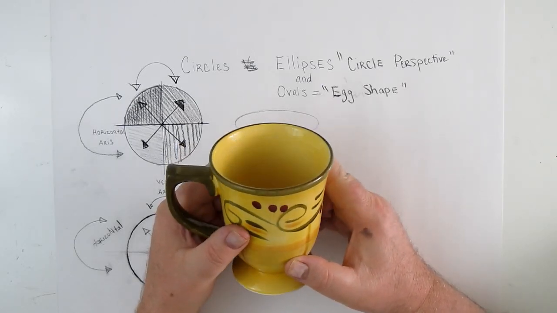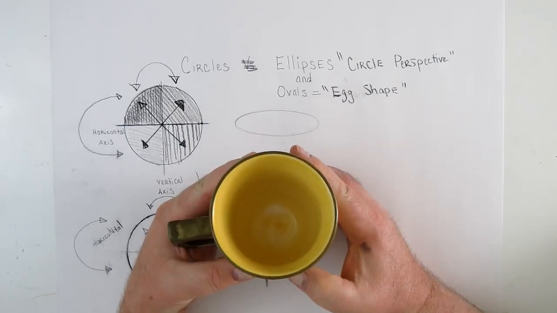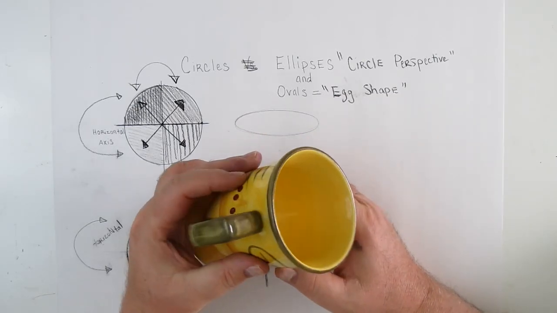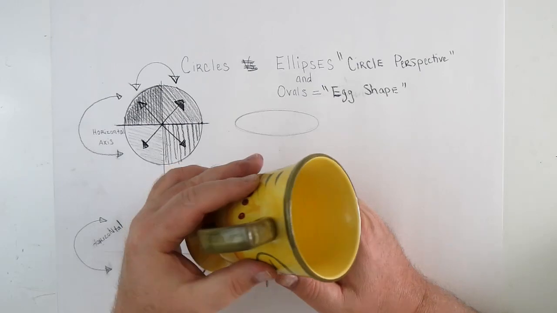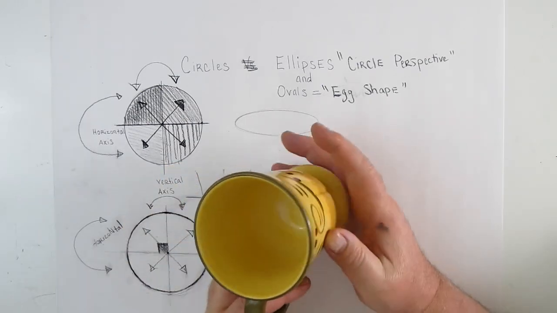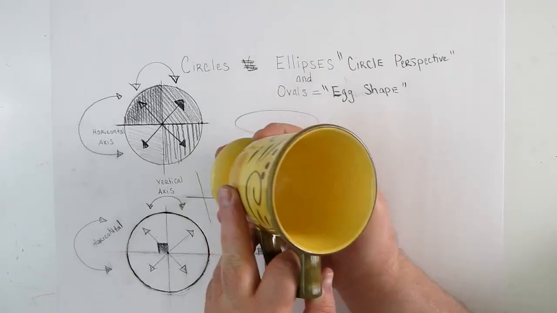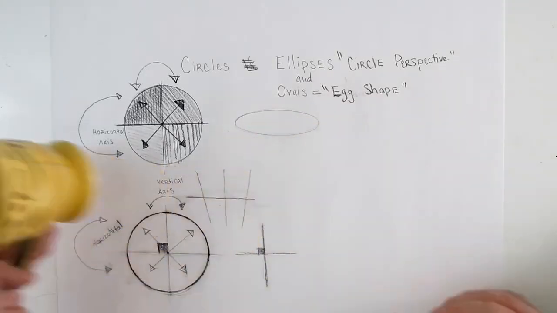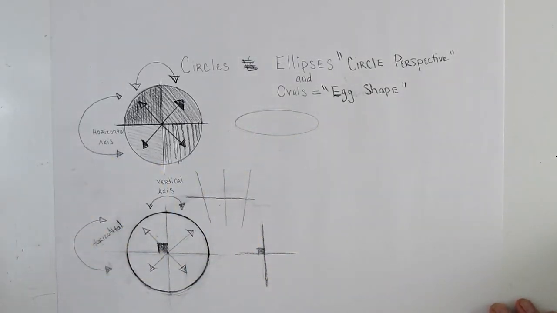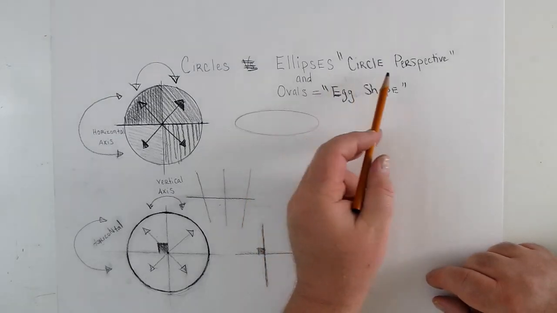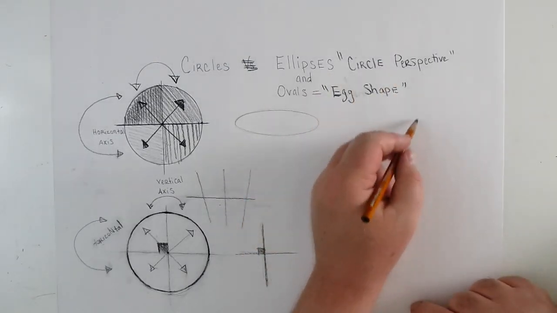So that is a circle going into perspective. It would go into perspective if I tipped it this way, or that way. It's still a circle, but it's in perspective. When we draw, we're constantly dealing with perspective, especially with circles and boxes and everything else. So an ellipse is a circle in perspective, and an oval is actually an egg shape.